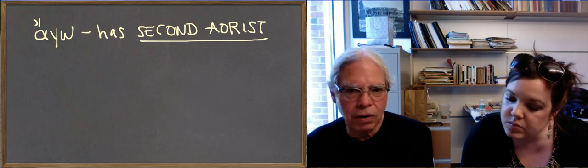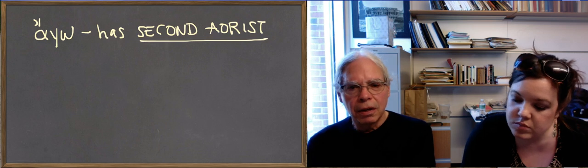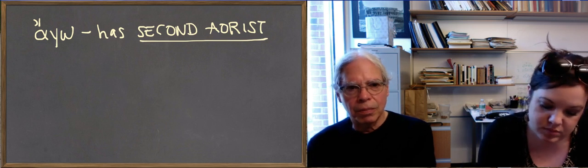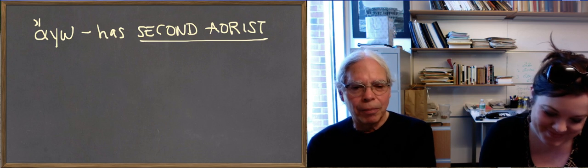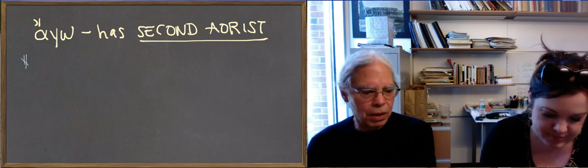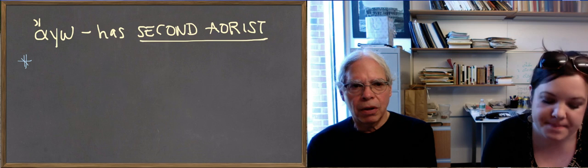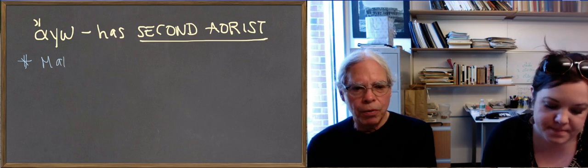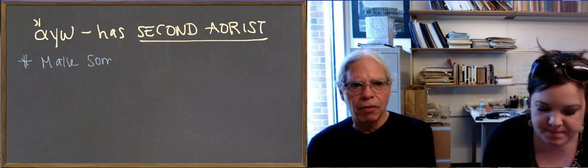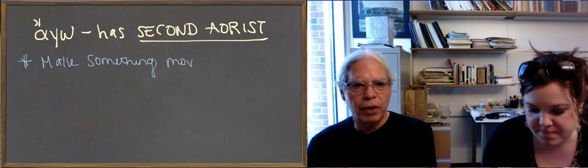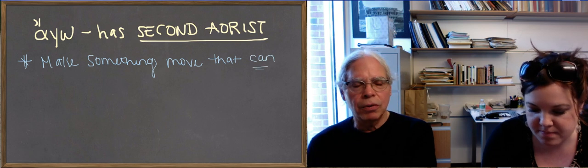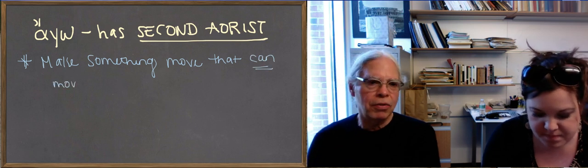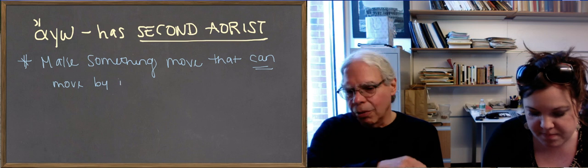All right, and it translates this verb as lead. I think it's misleading, no pun intended, okay? What this verb actually means in Greek is to make something move that can move by itself, okay? It's the opposite of the word pharaoh that means to carry something that can't move by itself. So it means lead only in the sense that if you've got an animal and you ago it, you're leading it.